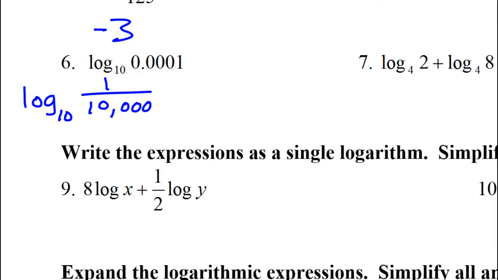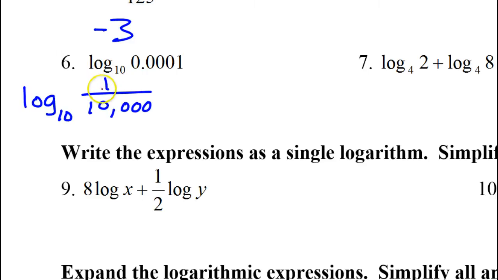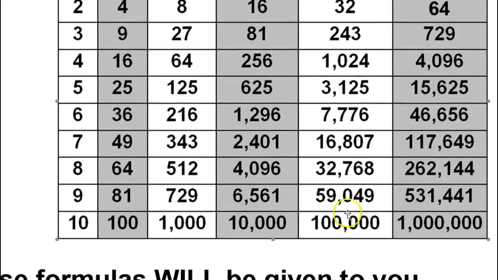Okay? Now, remember what we've been doing this entire time, you guys. If I have a 1 over it, can you guys say token? If I cover up that 1 for a bit, then I'm asking myself, 10 to what power would give me 10,000? So I'm going to look at my chart and see what's what.